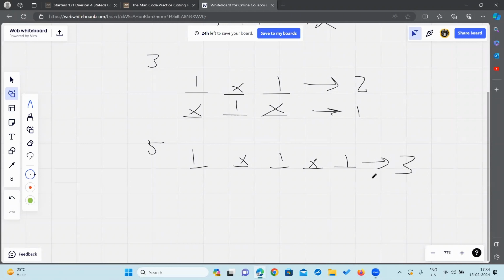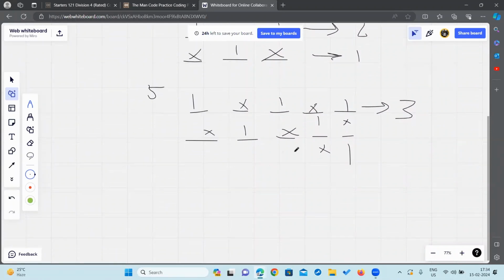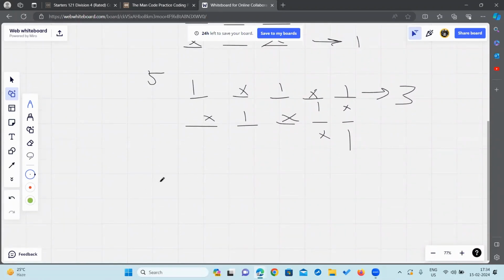So 3 will be the maximum. In case of the minimum also, we can start off in a similar fashion over here. Then here we can either go with 1 here, and here we can go with this one. Let's look into some other cases to find out which one will be the minimum.